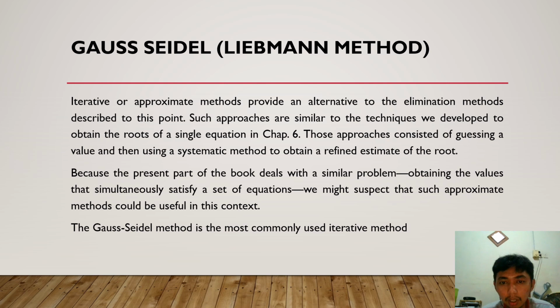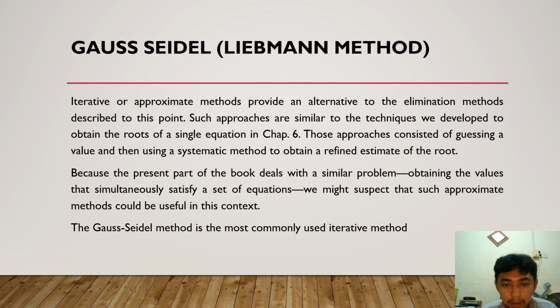Such approaches are similar to the technique we developed to obtain the roots of a single equation in chapter 6. Those approaches consist of guessing a value and then using a systematic method or algorithm to obtain a refined estimate of the root. Because the present part of the book deals with a similar problem, obtaining the values that simultaneously satisfy a set of equations, we might suspect that such approximate methods could be useful in this context.